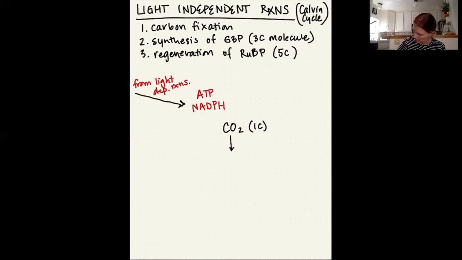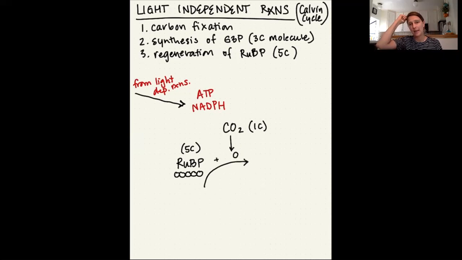It is going to join with our friend RuBP, which is a 5-carbon molecule, right? 2, 3, 4, 5. I always draw them as little circles. And we have carbon dioxide, which is 1, right? As carbon dioxide enters, that is going to get added to RuBP, and that is going to create a 6-carbon molecule, which quickly turns into 2 3-carbon molecules, right?